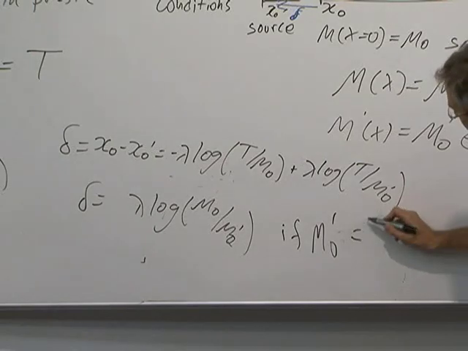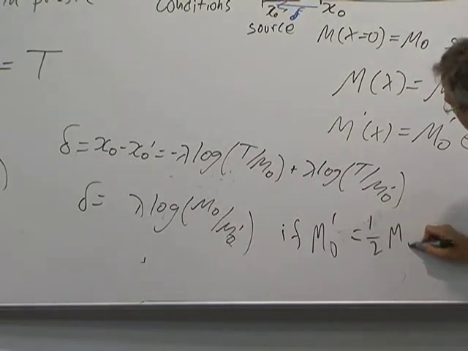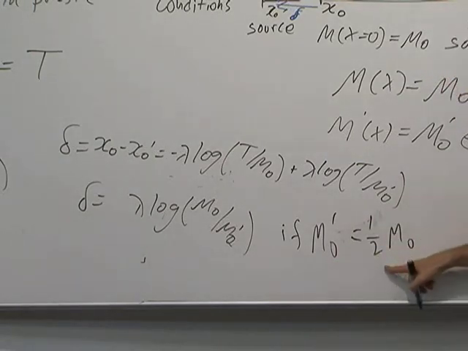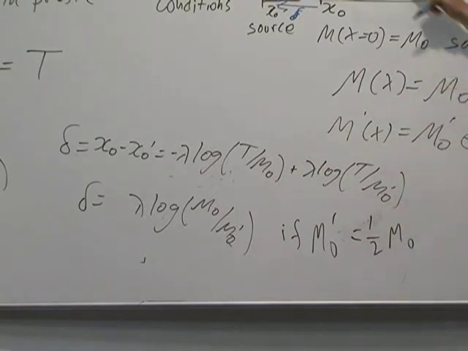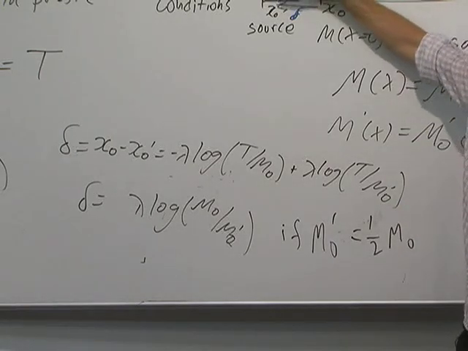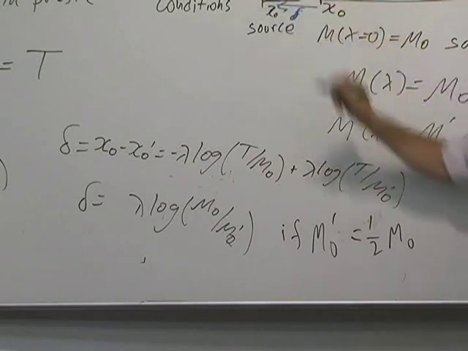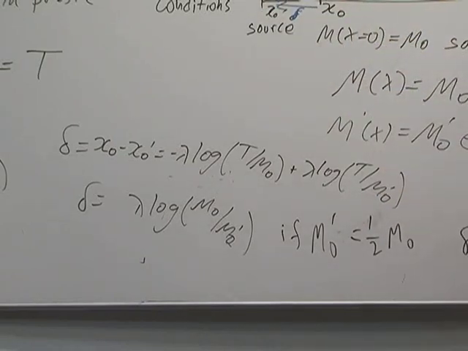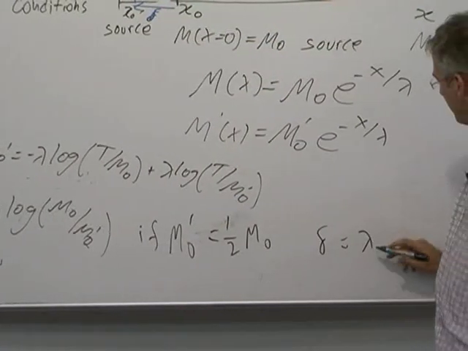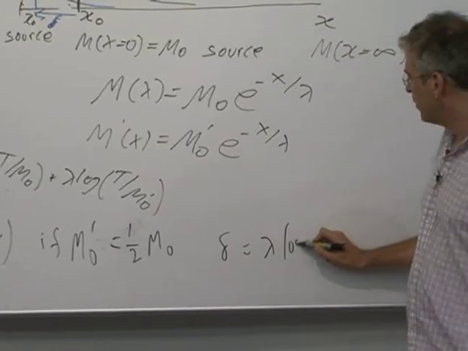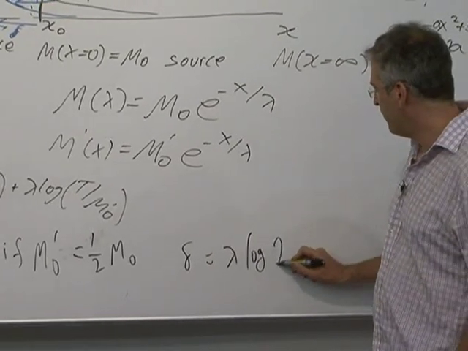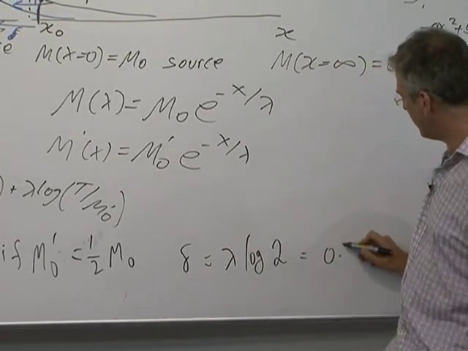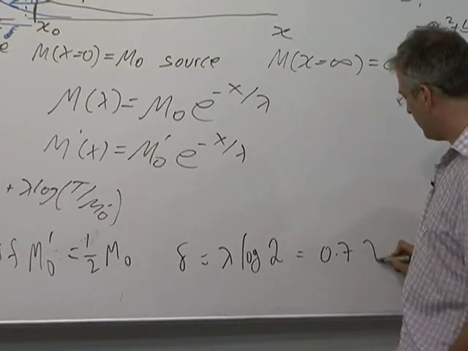If m0 prime is just 1/2 m0, that's to say, if we lower the concentration by 50%, then this shift is lambda log 2, which is 0.7 lambda.